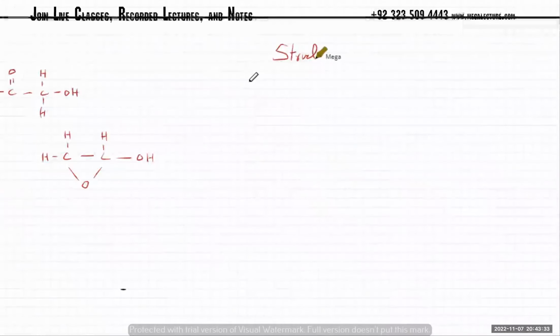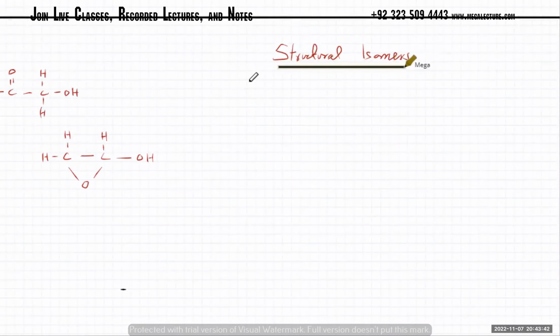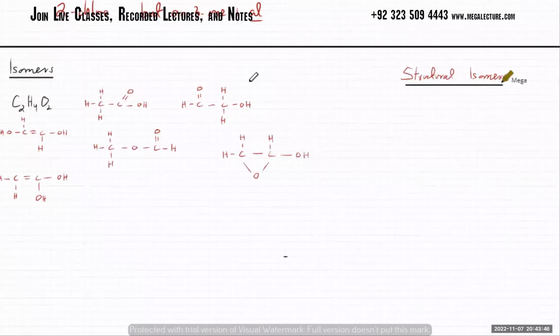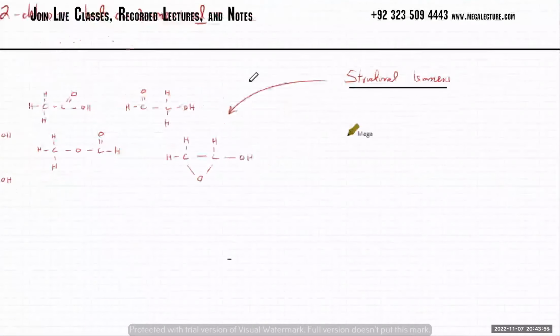You already know about the structural isomers. ये जो मैंने बनाया ना, they're all actually structural isomers. ठीक है, these ones over here, they're all structural isomers. Structural isomers क्या होते हैं? They're basically a rearrangement of the atoms in a different way. So the definition still works.